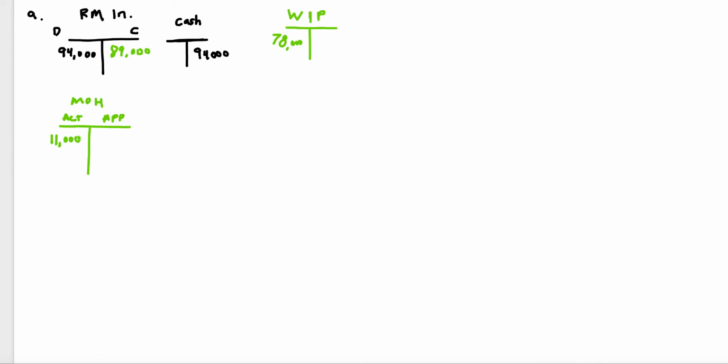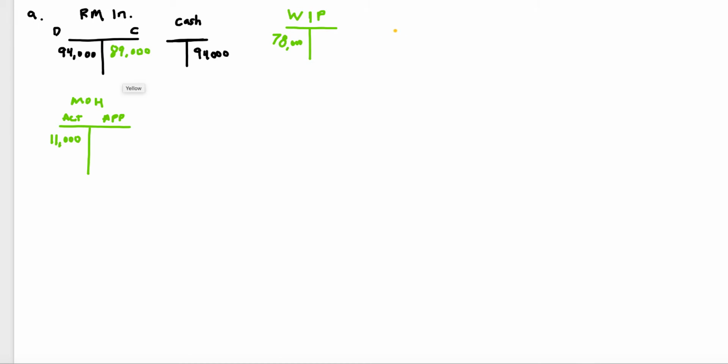Total direct labor wages of $132,000 were incurred and paid. Of this amount, $112,000 was for direct labor and the remainder was for indirect labor. So I'm going to change the color again. Okay, so we know that we paid direct labor.